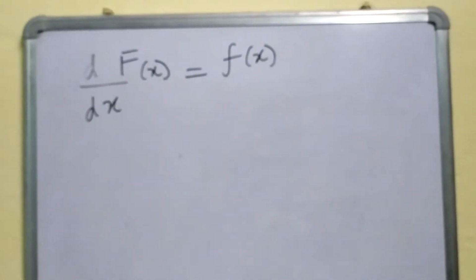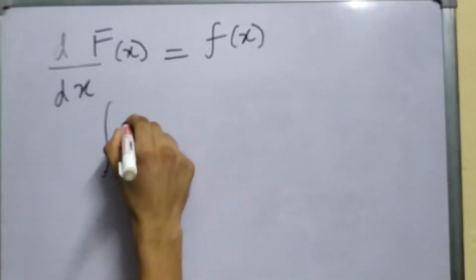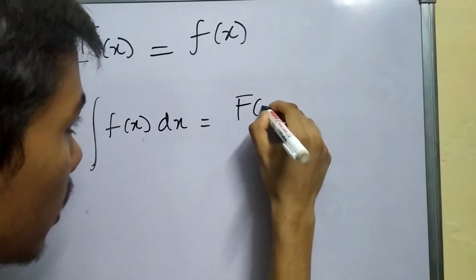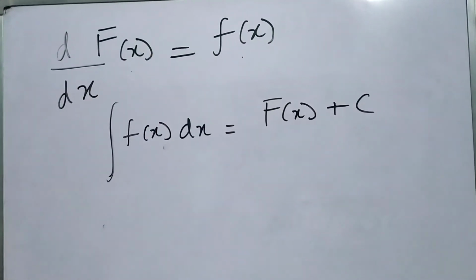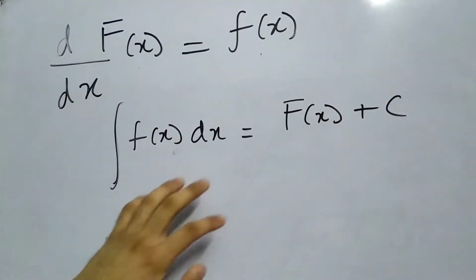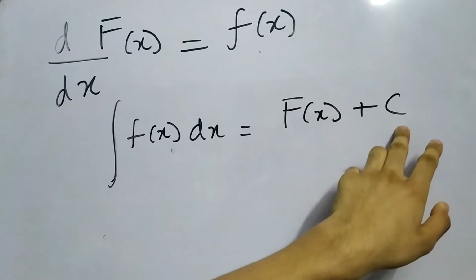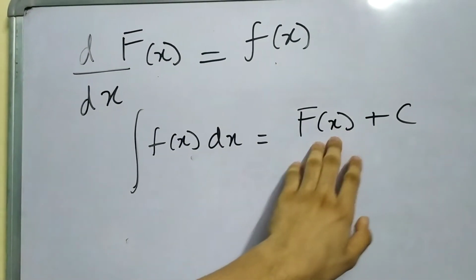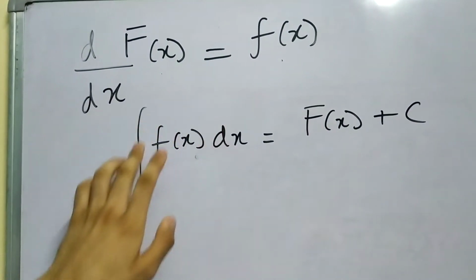So you can say that the integral of f of x dx is capital F of x plus c. This is the derivative, this is the antiderivative, and the integral of your derivative gives you a family of all antiderivatives. That's why we put a constant, because if you differentiate this function with a constant, you will get the same f of x.